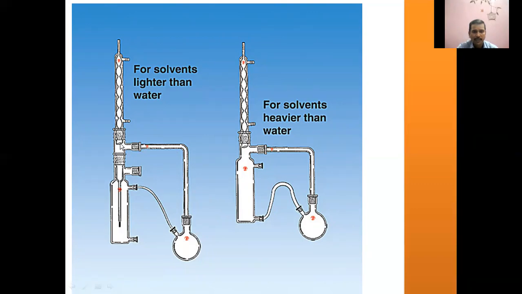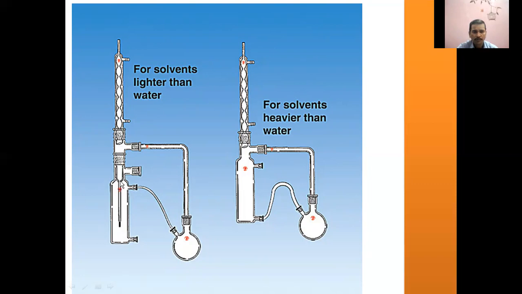So the condensed organic solvent which entered this condenser has been converted into liquid, and the liquid droplets will be made to fall into the funnel followed by a tube.